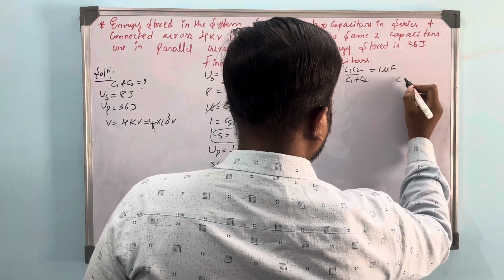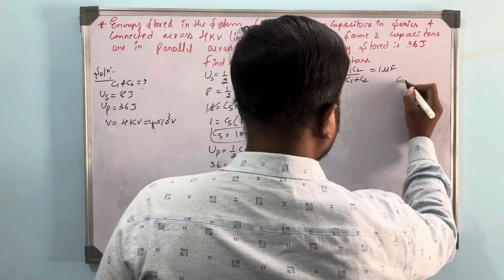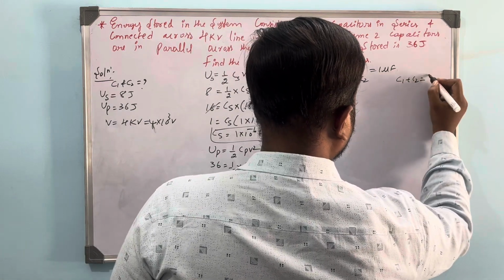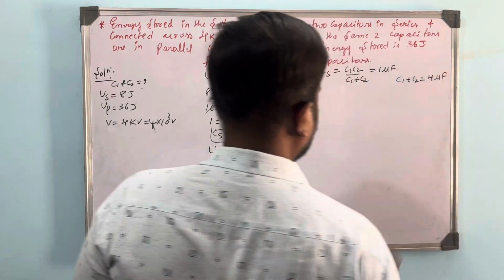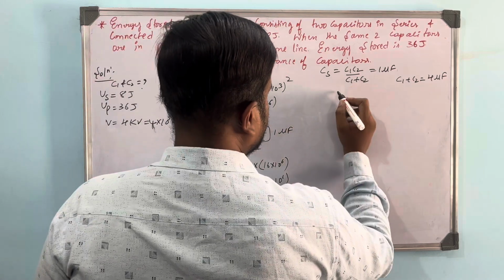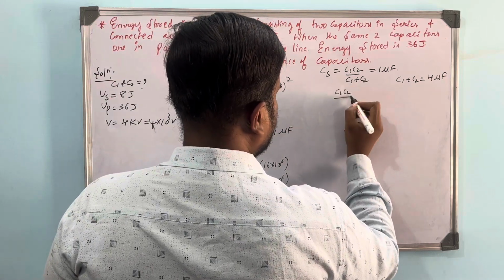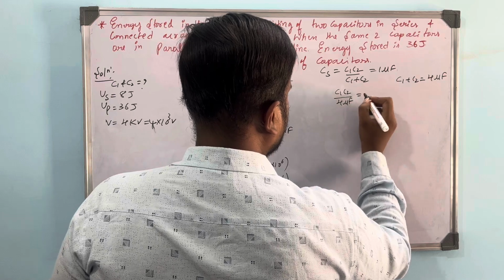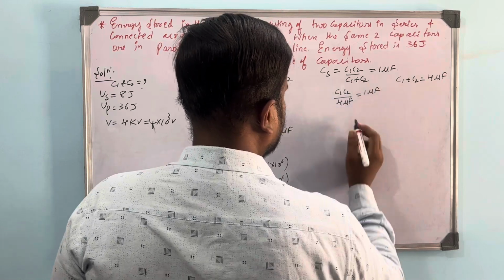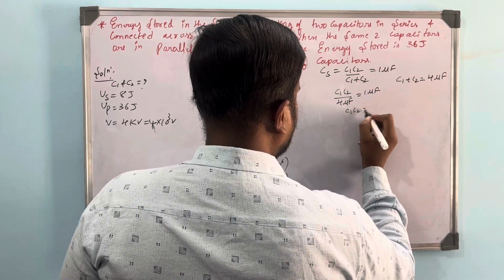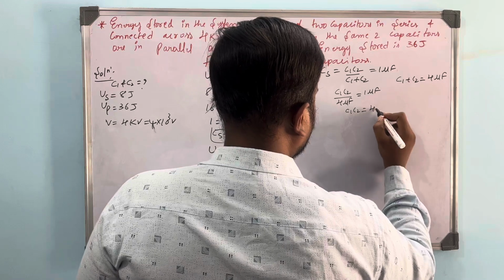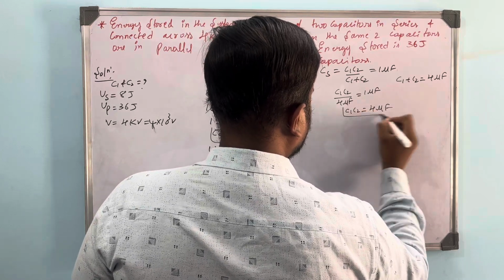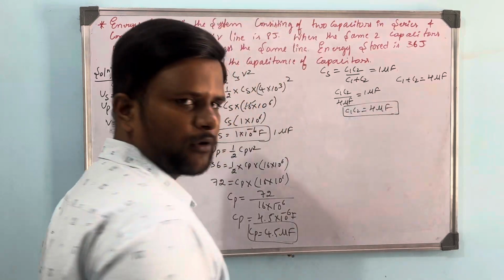In parallel, C1 plus C2 is equal to 4.5 microfarad. Substituting, C1 C2 divided by C1 plus C2, which is 4.5 microfarad, is equal to 1 microfarad. If you cross multiply, C1 C2 becomes 4.5 microfarad.